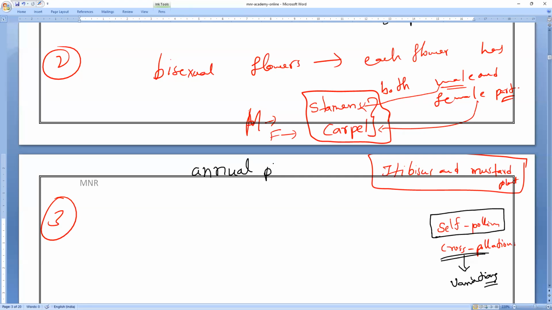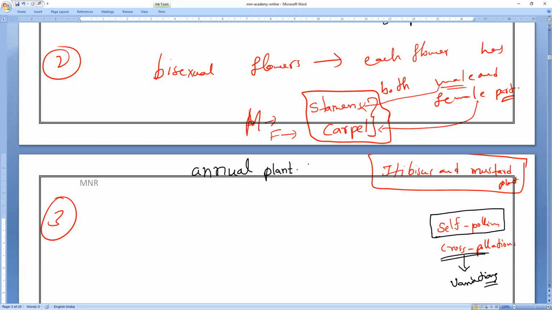What do you mean by annual plant? Any one of you? This is the same question that will come again in 11th class biology. By that time, you can say whatever it is, you tell me. What do you mean by annual plant?